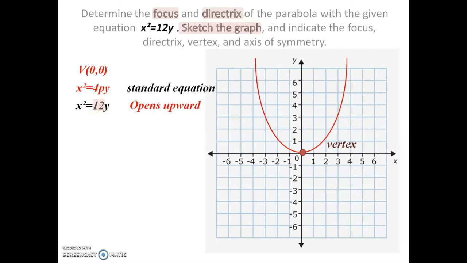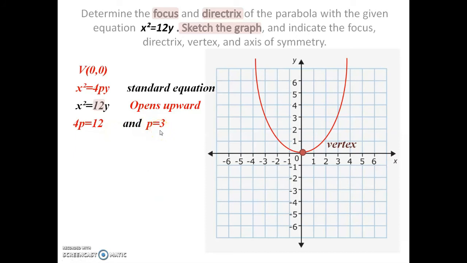Then, what is the value of our p? To find the value of p, we need to equate 4p equals 12. Dividing both sides of this equation by 4, we get p equals 3.